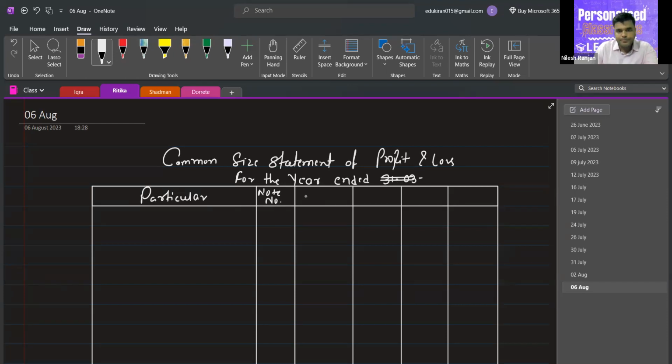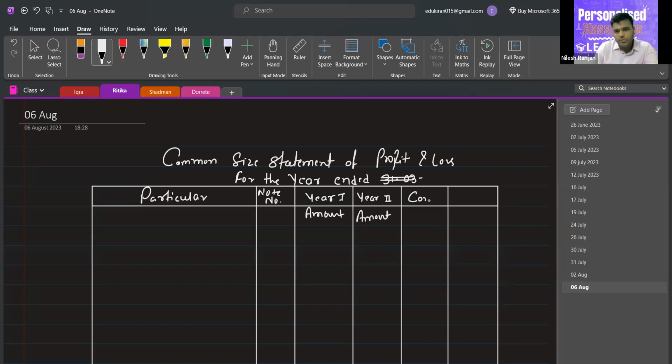Note number, current year 1 amount, year 2 amount.